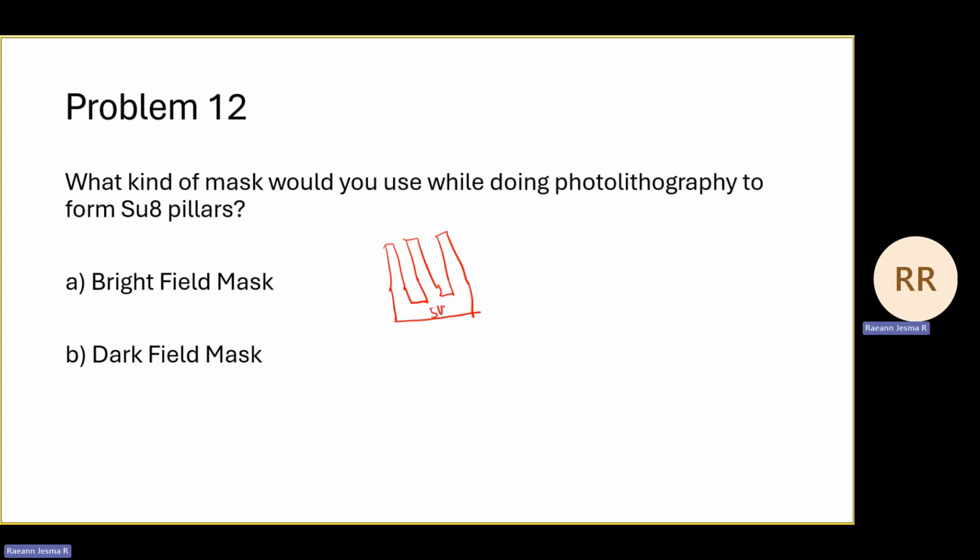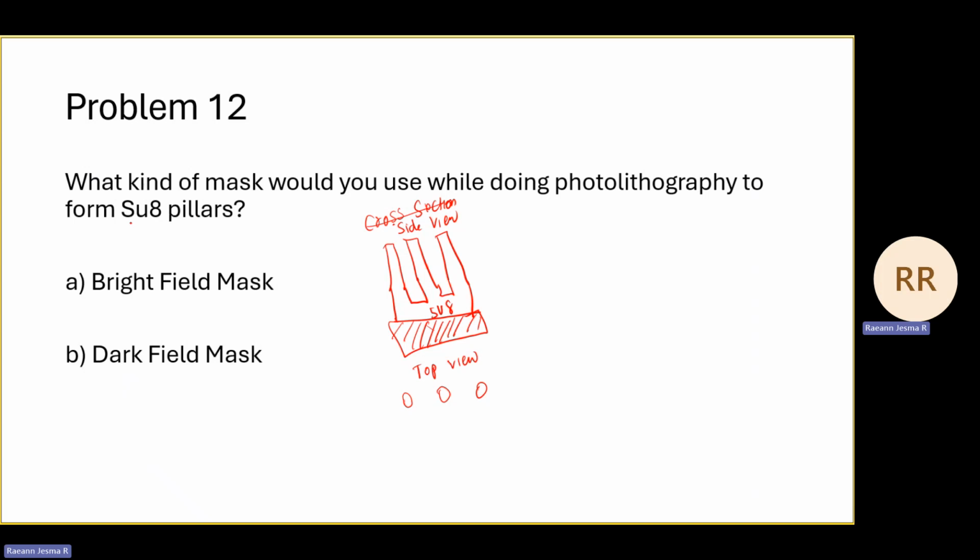So this is SU8, and let's say these pillars are on some substrate. If you look at the top view, these pillars are round, so they will look like this. This is the side view, and this is the top view.